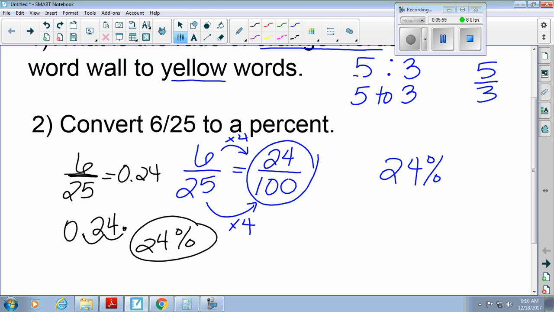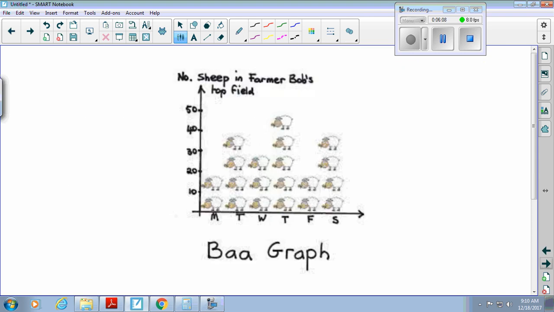Little Mod 1 throwback. All right, I have a math joke for you kids today. Here we go. Number of sheep in Farmer Bob's hop field. This is a bar graph. I get it. Do I need to explain that to anyone? No. Sheep say ba.